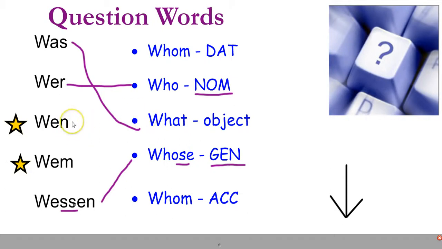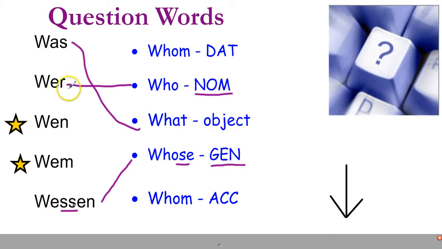The difference between wen and wem. Now, in English, we only have who and whom. And oftentimes, if this is a point of confusion for you in English, it can be a bit of a challenge in German. But in the same token, if you understand it in German, it might help you improve your English.